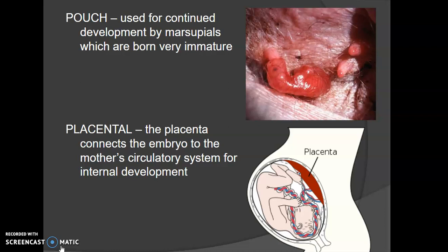Humans and most other mammals are placental, and so the placenta is a pad of tissue that connects the embryo to the mother's circulatory system. That's how the embryo gets oxygen and gets rid of carbon dioxide. That's how the embryo gets food and gets rid of waste. So placental mammals have that connection.